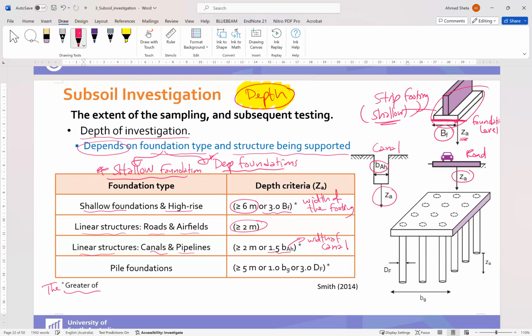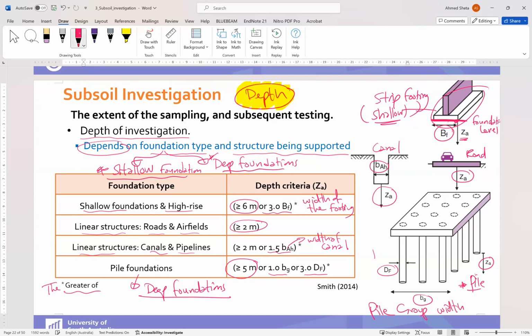Pile foundation or deep foundation, it should be more than 5 meters or 1 BG or 3 DF underneath the pile, starting from below the pile, where BG is the pile group width. We will know that later.